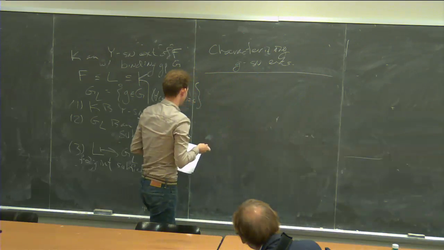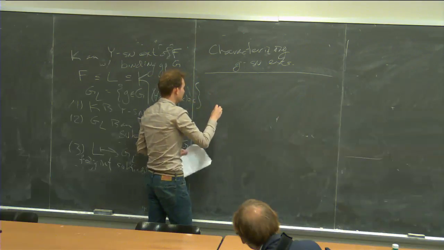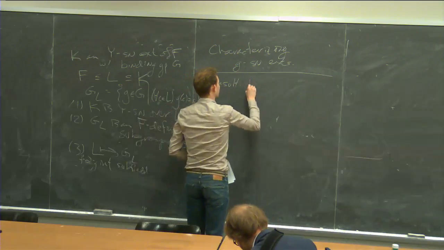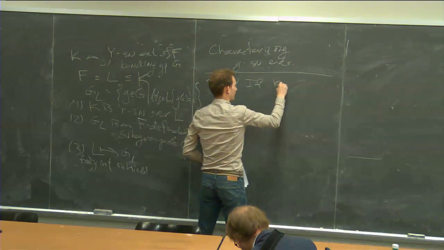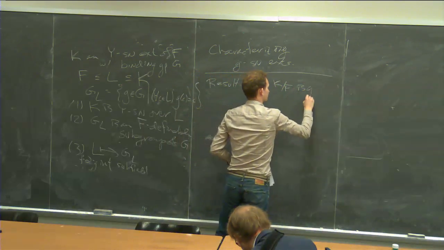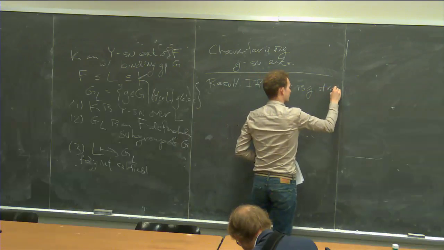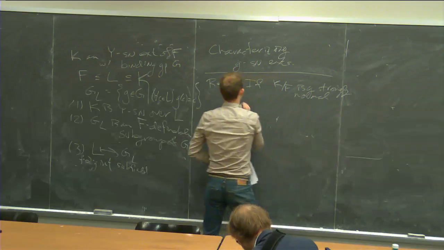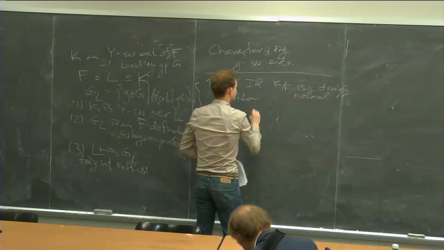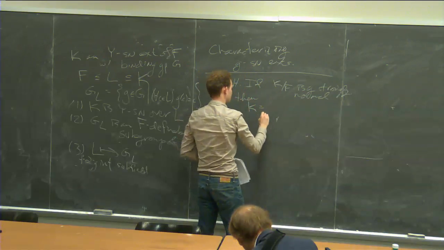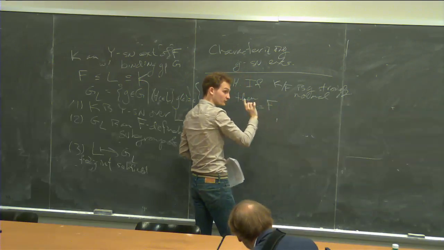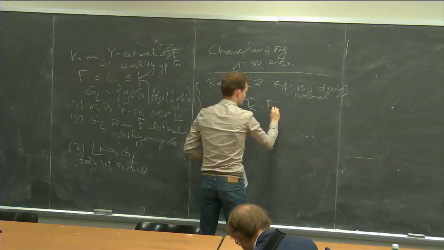So basically the result is that if K over F is generalized strongly normal, then K equals... I'm only going to work in the ordinary case right now.